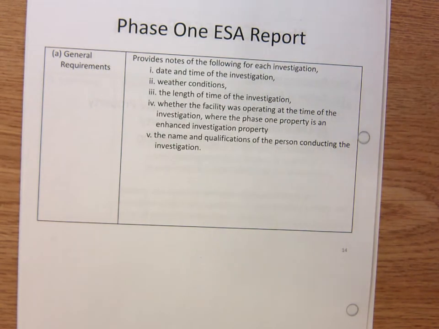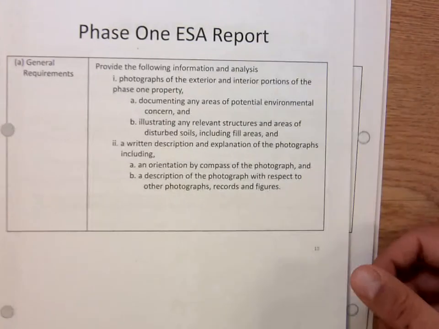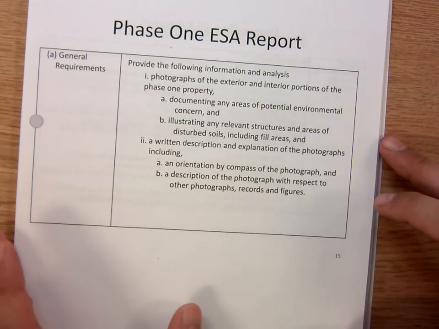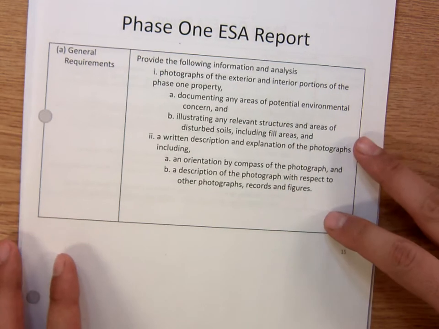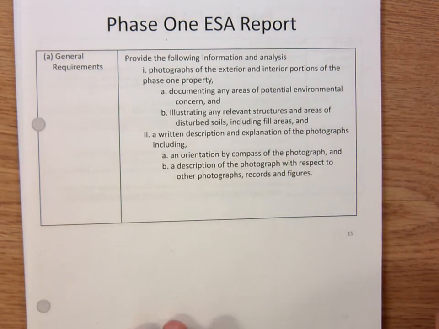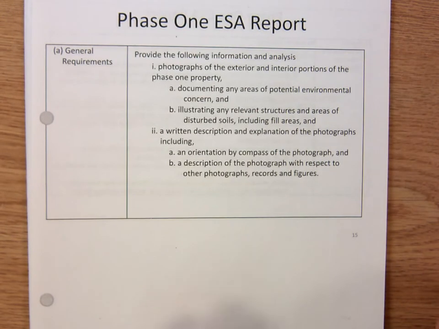You may also provide the following information: photographs of the exterior and interior portions of the Phase 1 property. Remember, whenever we talk about the Phase 1 property, we just mean the property that is being assessed through the Phase 1 Environmental Site Assessment.